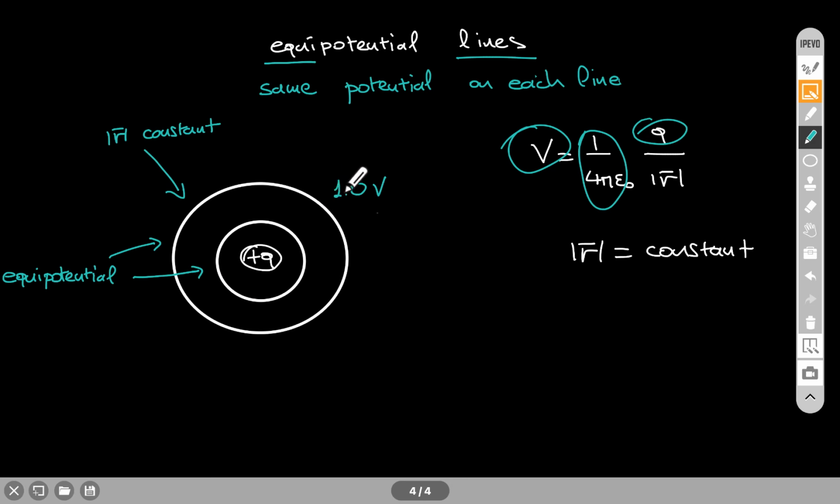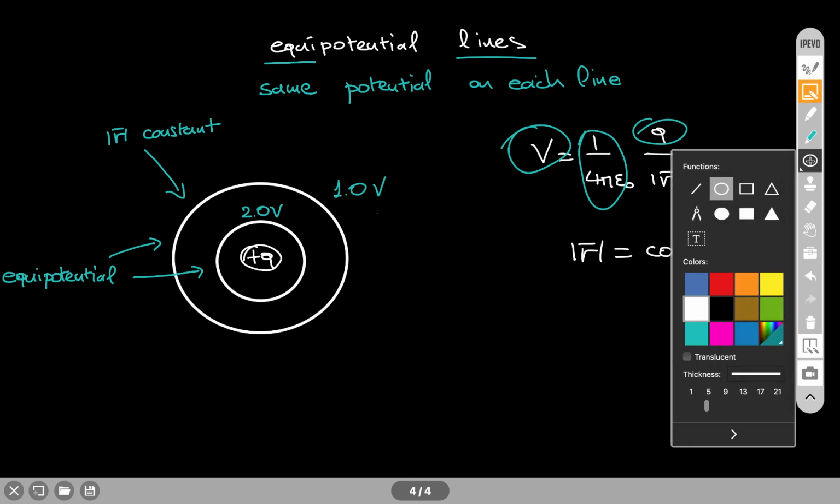If the first is 1 volt, because I'm decreasing the distance for this equipotential, decreasing the denominator means that the potential has to increase. So this is gonna be, let's say, 2 volts. The closer you get, the higher the potential will be. The further away you go, the lower the potential of that equipotential line.